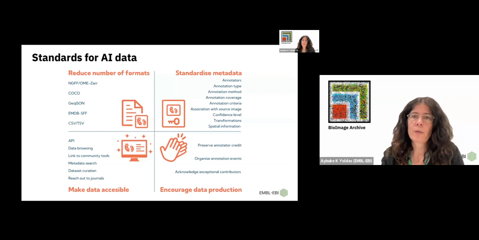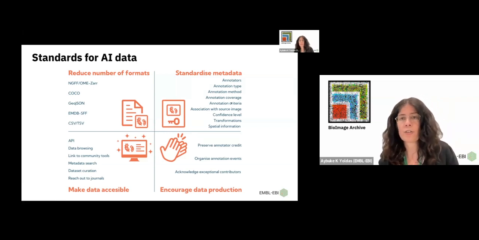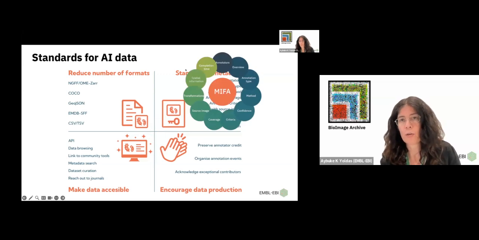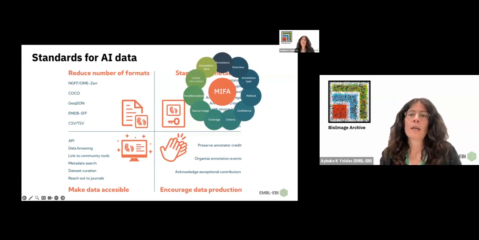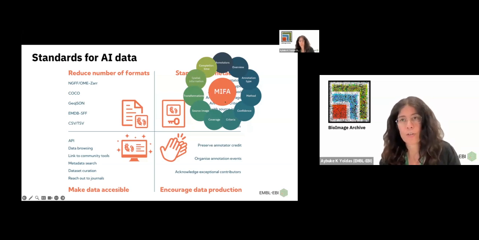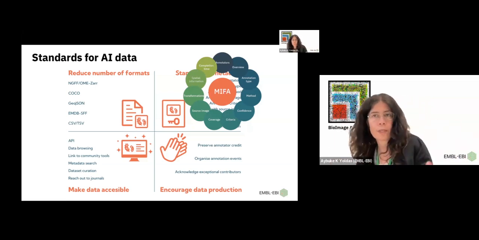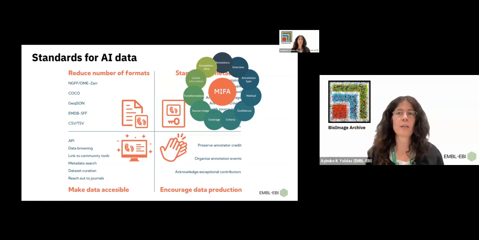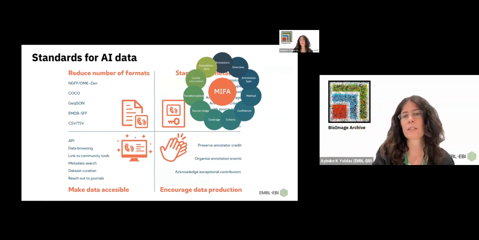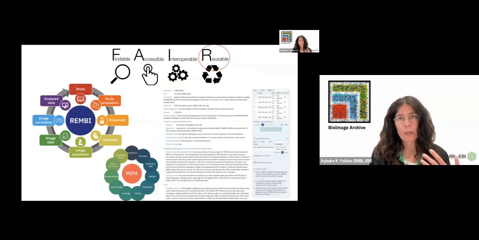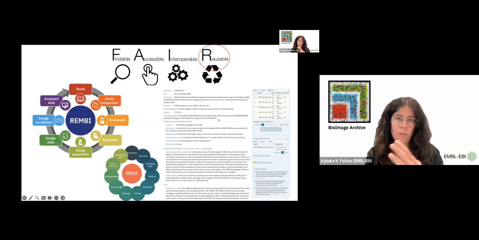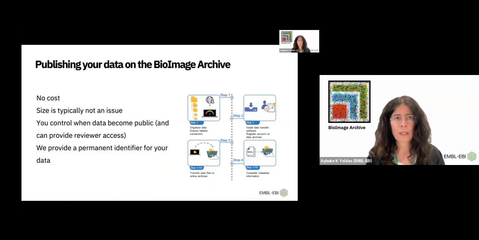As part of those recommendations is some standardized metadata for the annotations, which is called the MIFA metadata schema: the annotation method, the type of the annotation, who did the annotation, was it a software, a specific version, or a human expert, or just any human, and so on. So we have implemented these at the BioImage Archive, in which you can see for each submission in varying details.